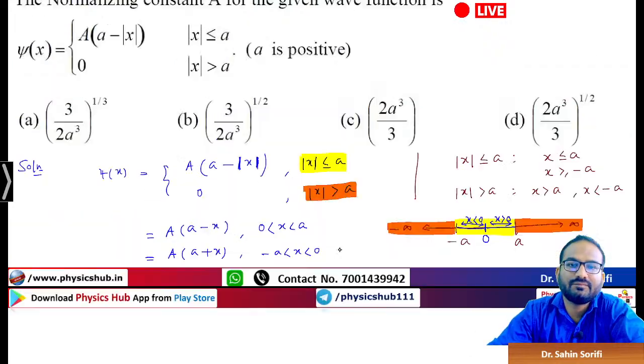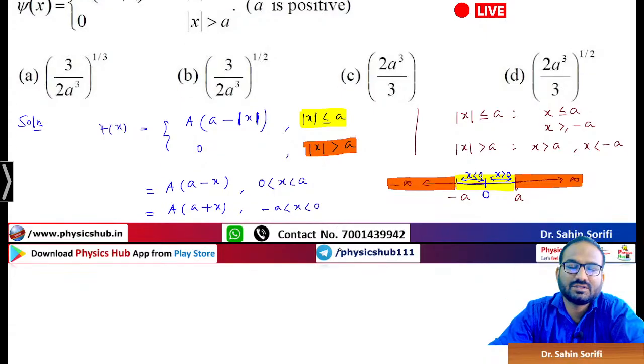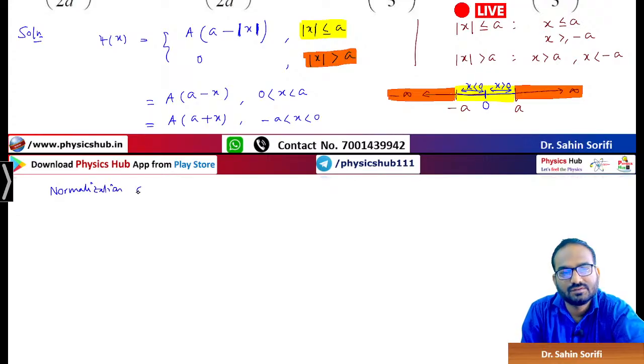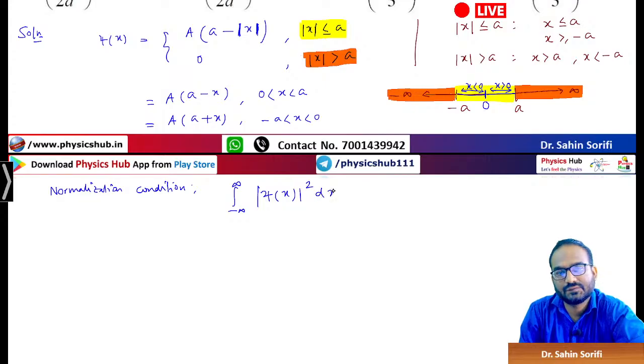Now you have to find out this normalization constant a. So we can use the normalization condition: minus infinity to plus infinity mod psi of x whole square dx is equals to 1.